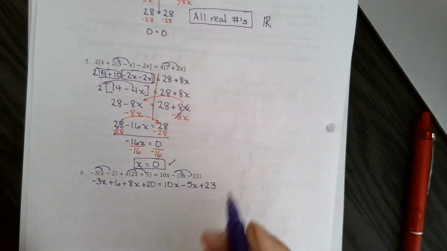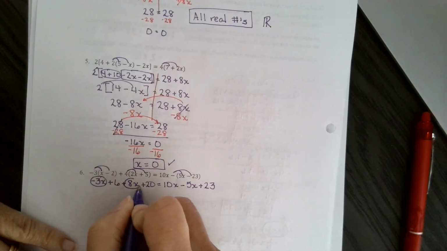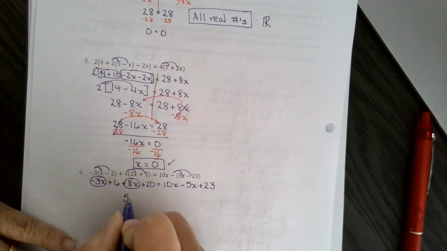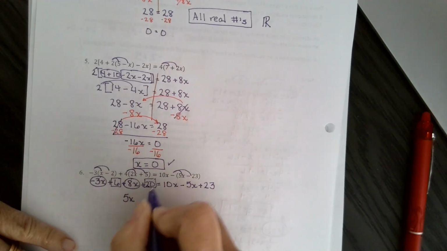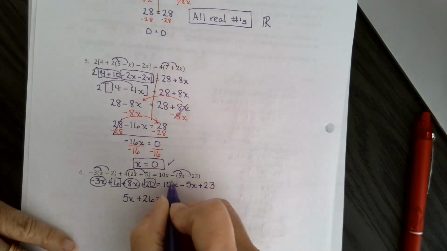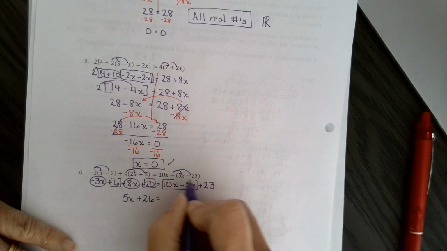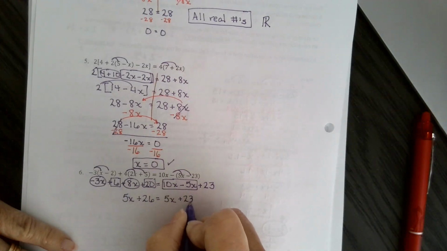Now I'm going to simplify the left side. That gives me 5x. 6 and 20 gives me 26. Over here, that gives me 5x plus 23.